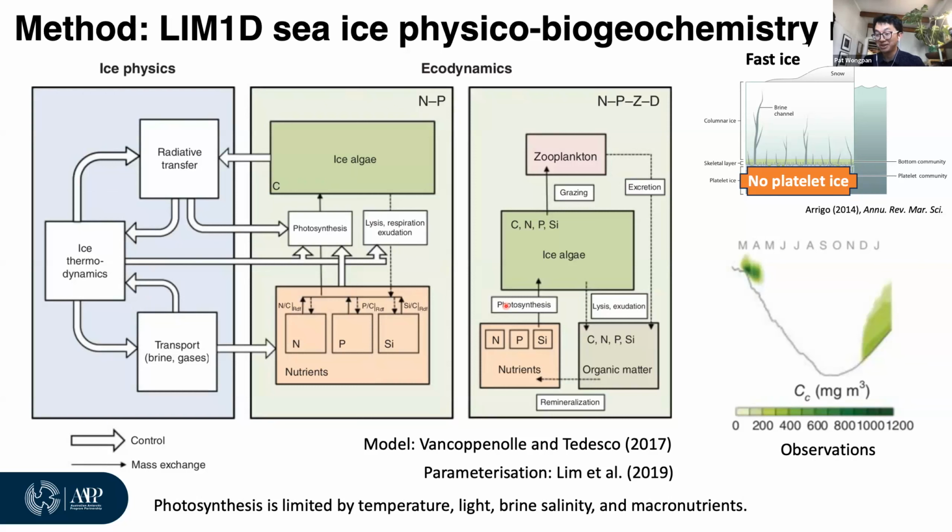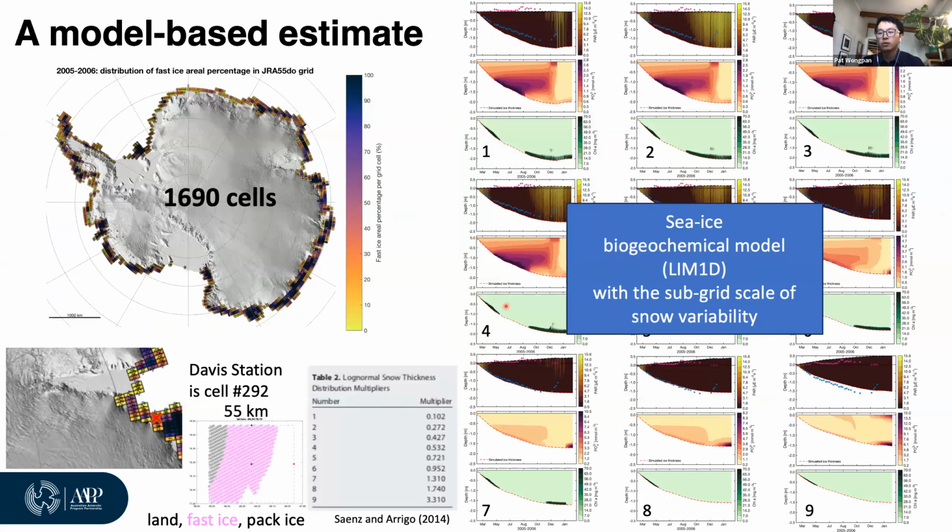And this is my graphical summary, combining the modeling with the fast ice distribution in 2D. Then we get this estimation of the primary production in the fast ice, and it's about 12% of the total ice algal productivity.